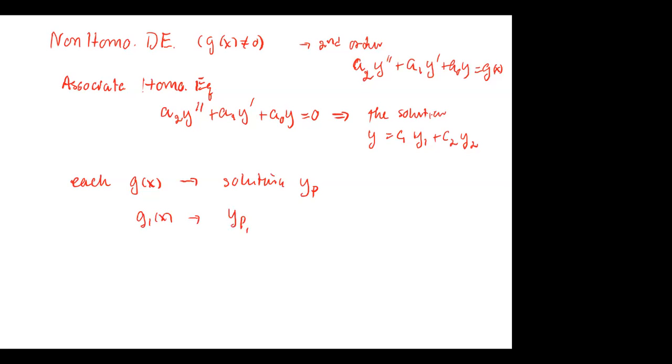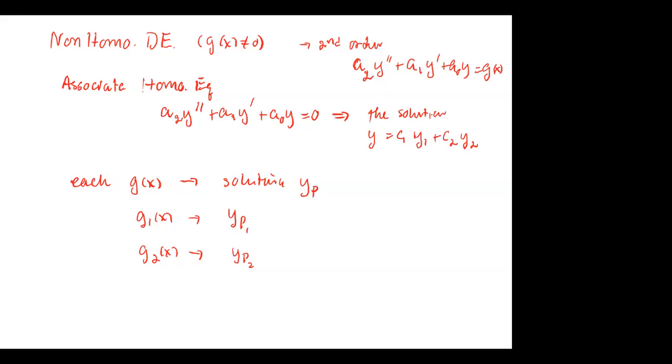You have g2 of x, or a different function form on the right hand side with the same homogeneous version on the left. So you're going to have a different yp. That's why it's called a particular solution, because it depends on the non-zero term on the right hand side.